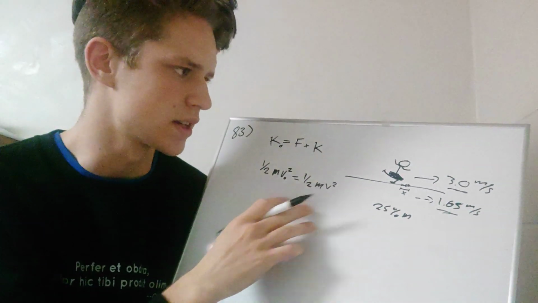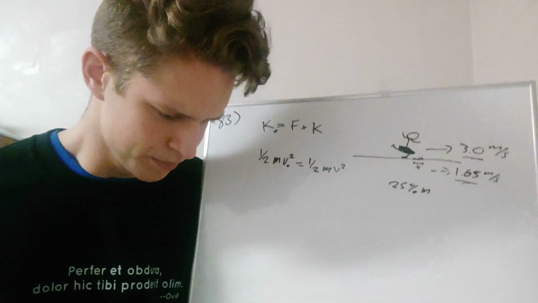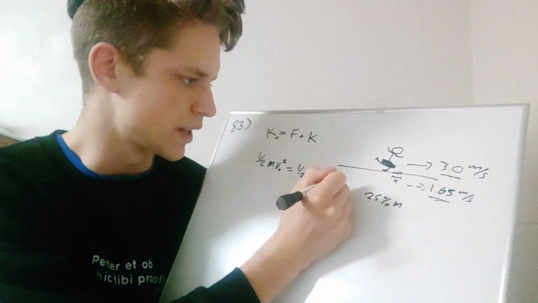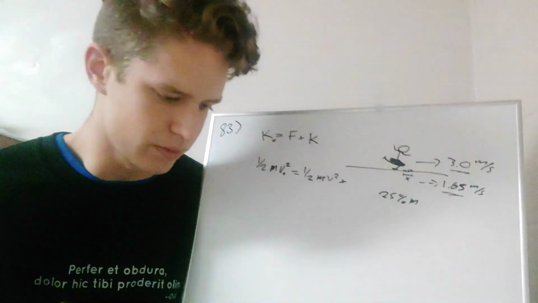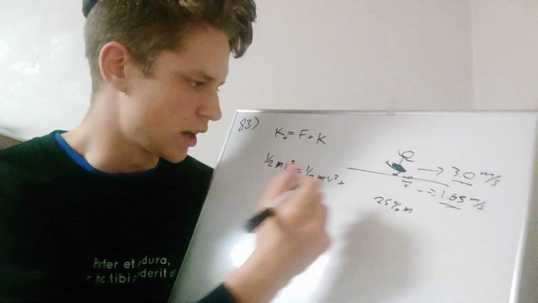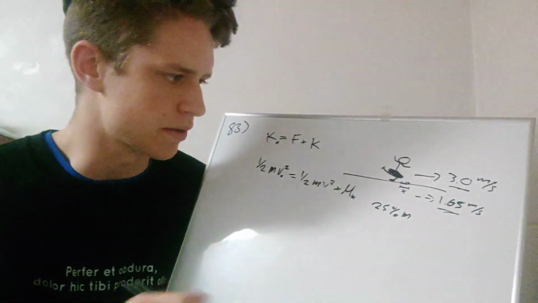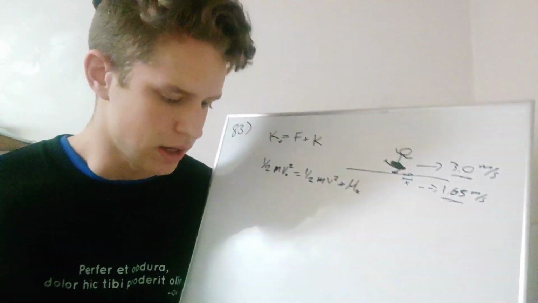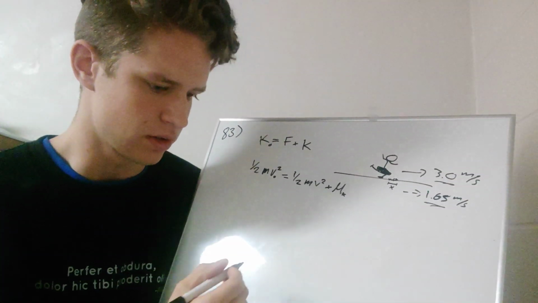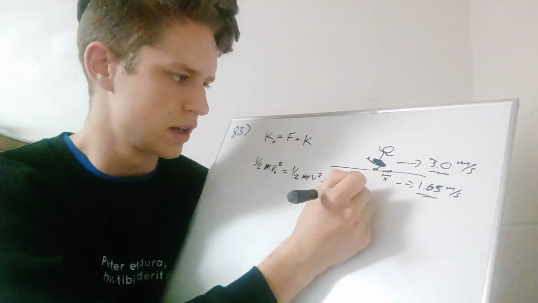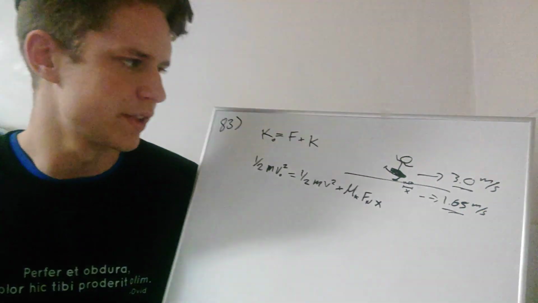That's the final velocity. And then in addition to that, you're going to have the friction, which is mu k, since she's moving, so it's kinetic friction, times the normal force, F_N, times the distance traveled.